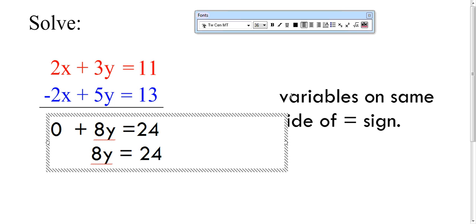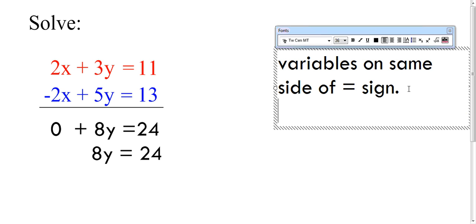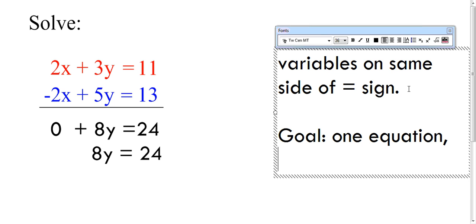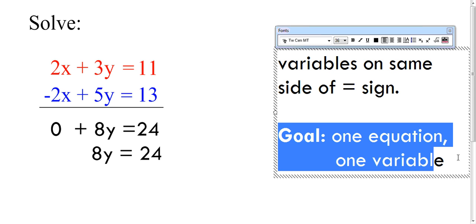Okay, so let's actually put that over here. 1 equation, 1 variable. Actually, let's even italicize it just for grins.